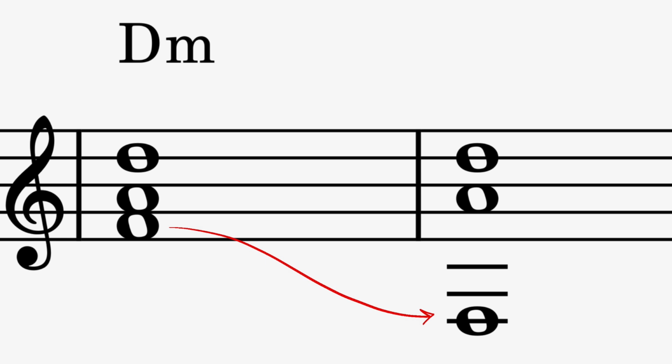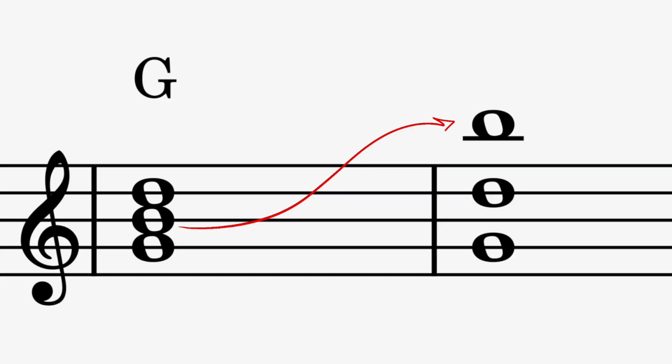If we take this inversion of a D minor triad, we can use our drop 3 technique to take the third highest note, which in this case is actually our lowest note because we only have a 3-note chord. If we drop that down an octave, interestingly for this one, our notes are still in the same order, but our bottom note is now an octave further down, which does change how it sounds.